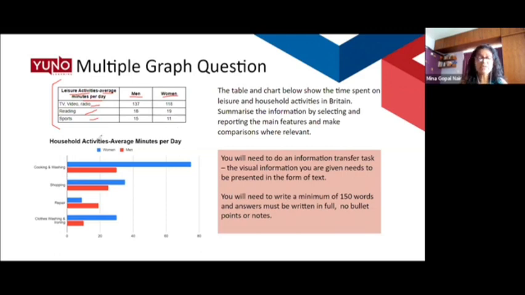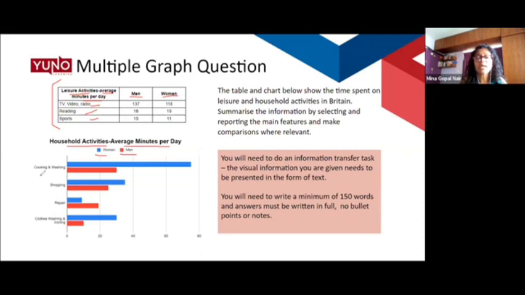Now the second graph talks about household activities. It is the time that men and women spend on household activities. It is given in the form of minutes per day again, so the unit of measurement in both is the average minutes per day. You can see that the blue color represents women, and the red color represents men.